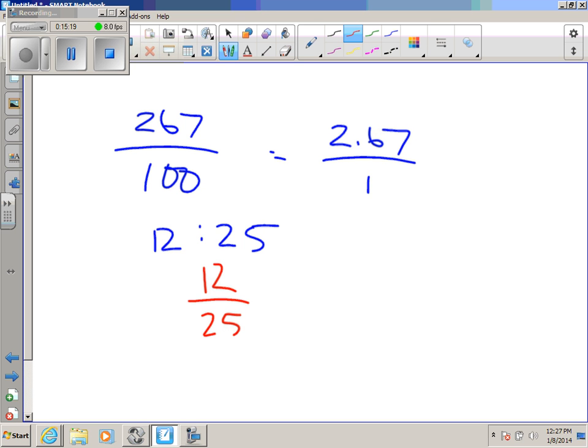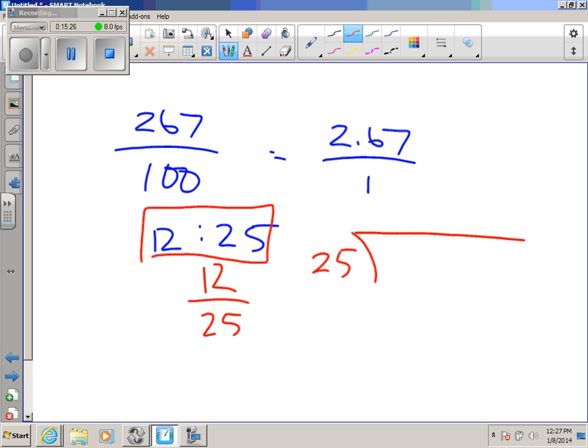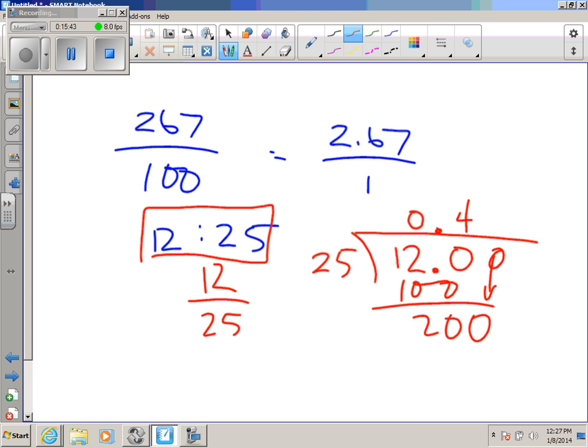When you put this ratio into fraction form, the bottom value always goes on the outside. Here's my decimal. Now you get to work. It does not go into 12. I need to add a 0. 25 into 120. 4 is 100. 20 left. Drop the 0 into 200. 8.